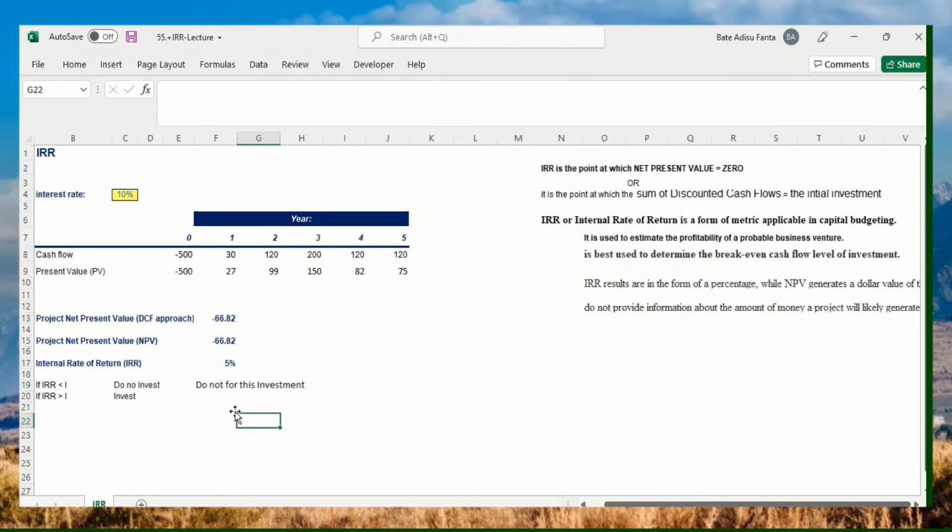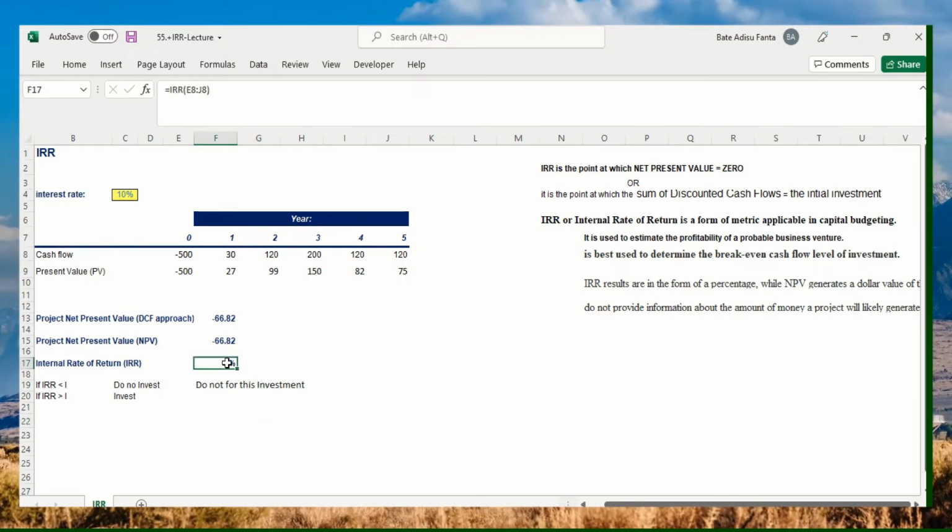I will elaborate on this a little more. If we go for a cost of capital more than 5%, the cash we are going to generate will not cover the initial cost. At 5%, we fully cover our initial cost.